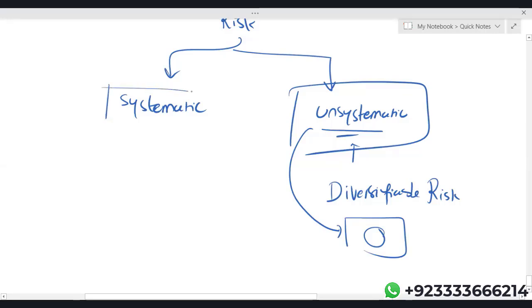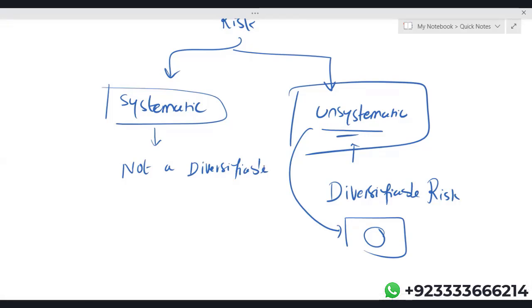So we are left with systematic risk, which is not a diversifiable risk. You cannot diversify this systematic risk. You have to face it.